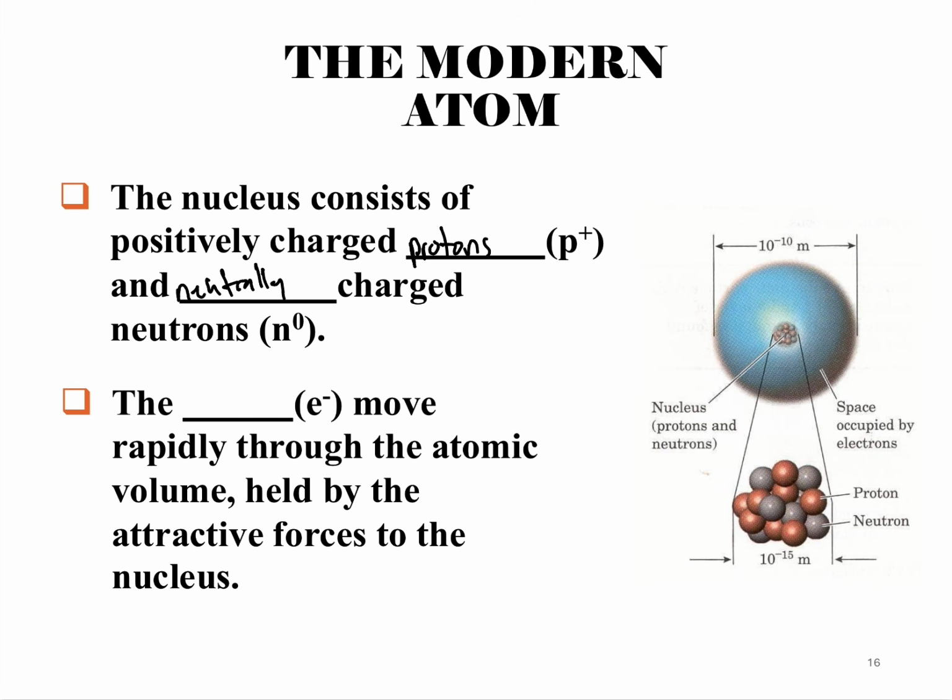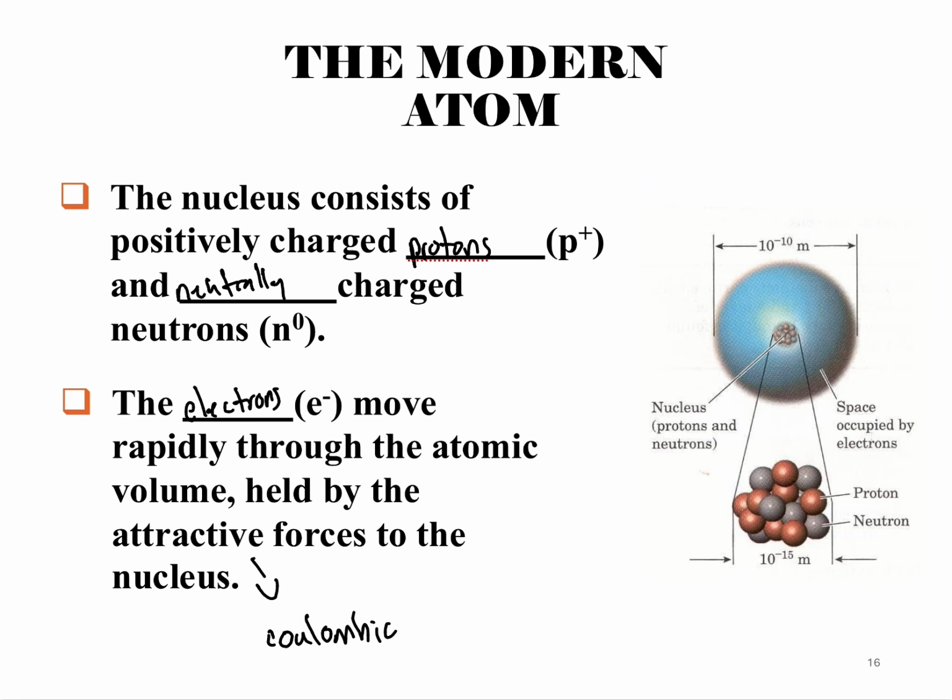The electrons, which we talked about earlier, move rapidly throughout the atomic volume, and they're held together by attractive forces, and these attractive forces are what we call Coulombic forces, which is just positive and negative charges attracting each other.